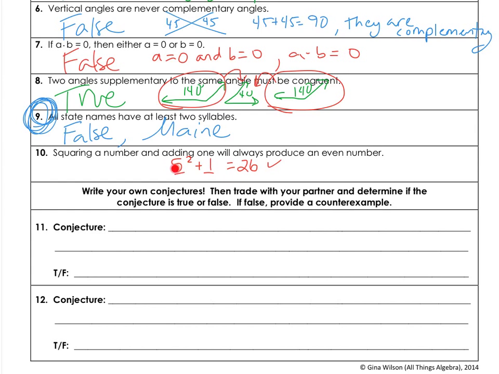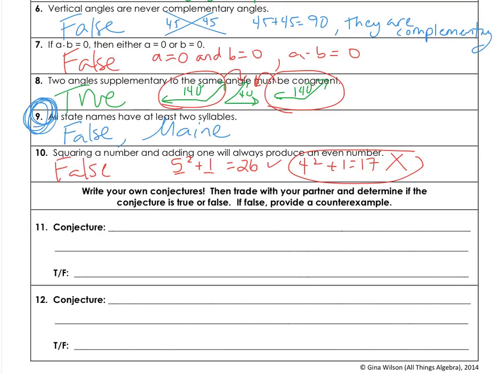So is there a number I can square that will give me an even number to begin with? So when I add 1, it will give me an odd. Instead of 5 squared, what about 4 squared? So if we do 4 squared, that's an even number, so it's 16, but when I add 1 to it, I get 17, so that one does not work. So here is my counterexample, which shows that this statement is not always going to be true, so it is a false statement.